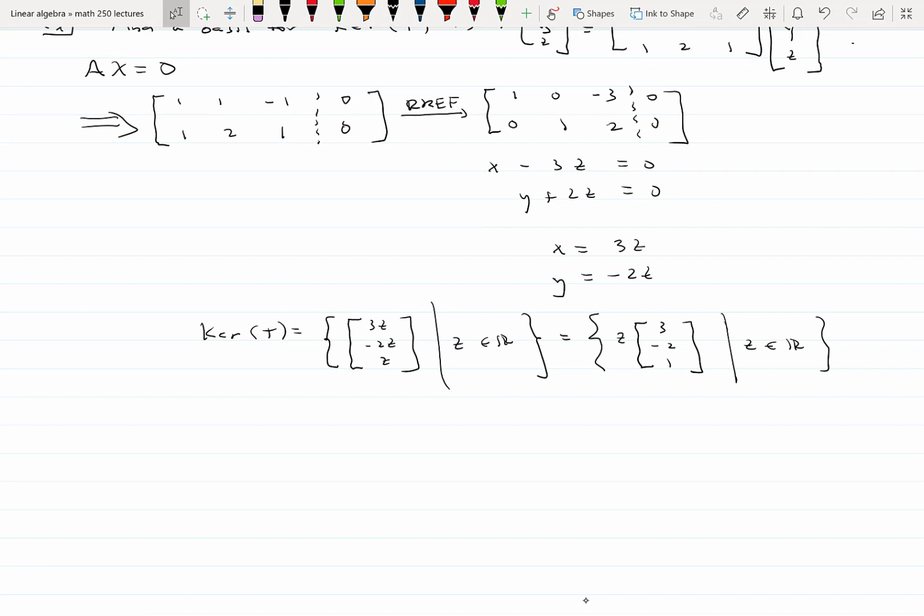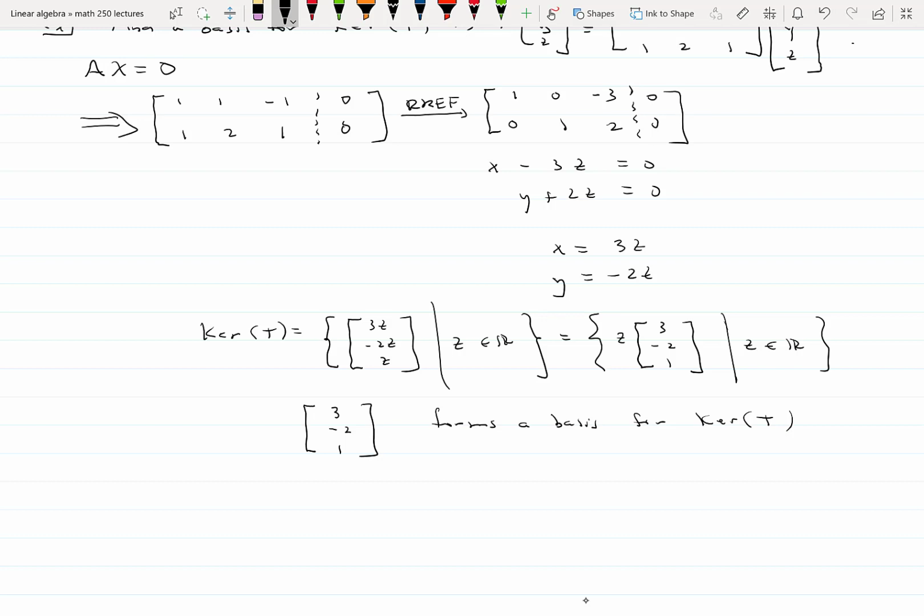That is, every element of the kernel is a linear combination of this one vector. That shows spanning. So that one vector forms a basis for the kernel of T, which is the null space of the matrix that defines the matrix transformation.